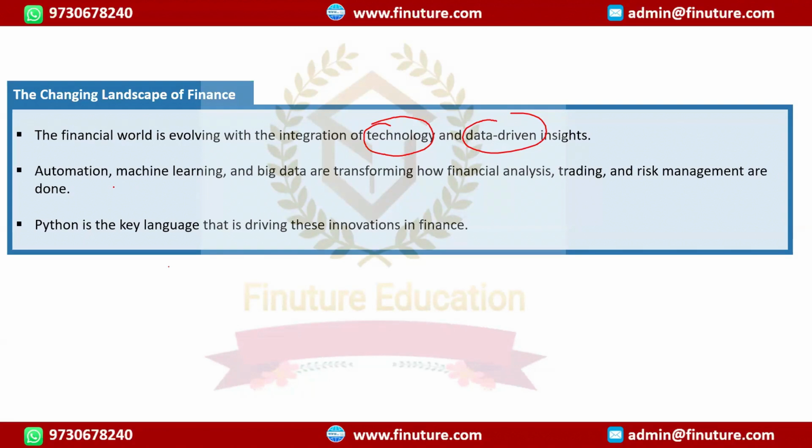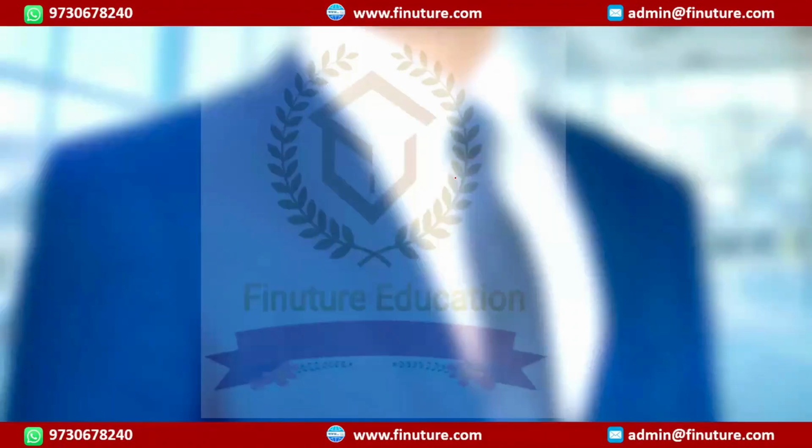So it can help you with automating things, machine learning, handling big data, as sir was saying. You can get 2-3 years of data at the click of a button. You can do financial analysis, you can create your own algorithms to trade, and Python is a key language that drives these innovations in finance.